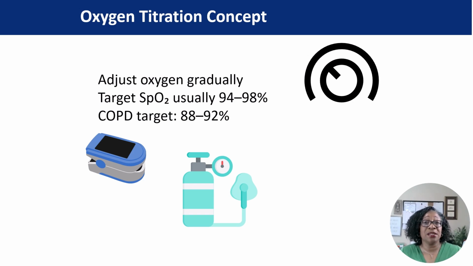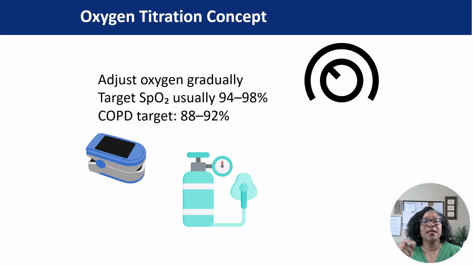For most patients, the target oxygenation level is 94 to 98%. But for COPD patients, the target is typically lower. COPD patients are often titrated to an 88 to 92% oxygen saturation.